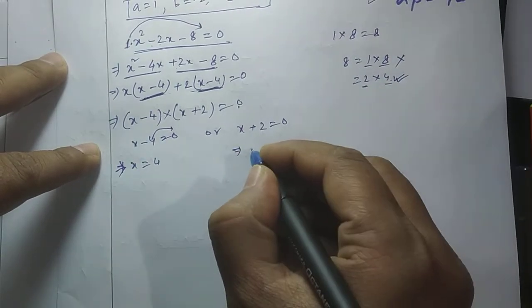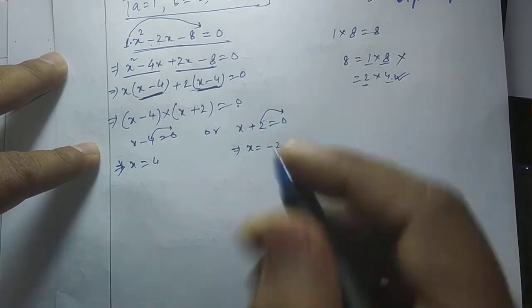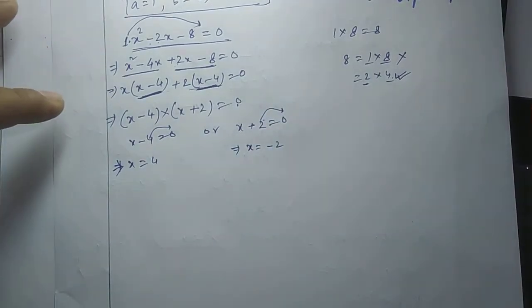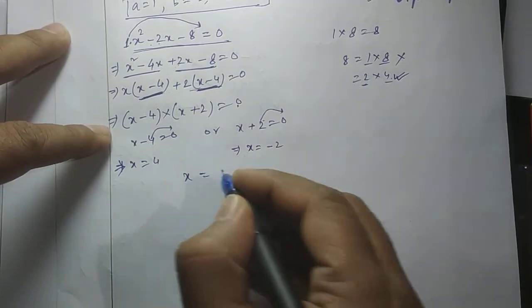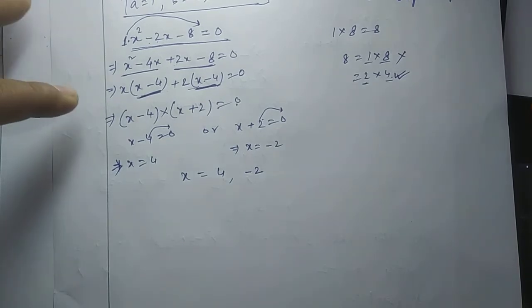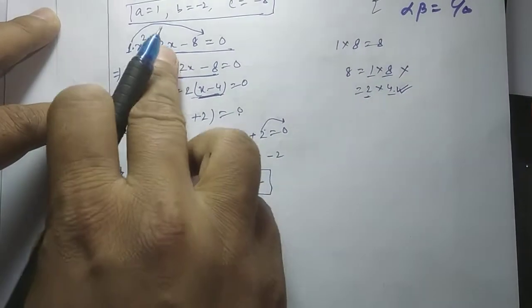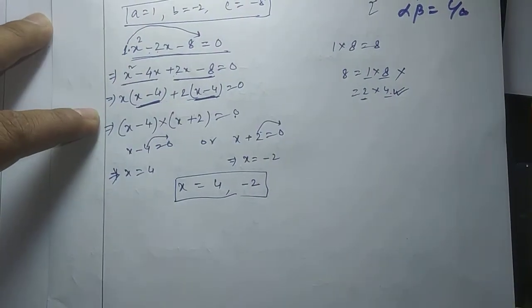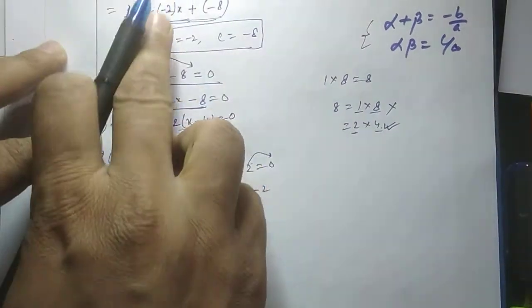And similarly we get x equal to minus 2 by taking this one on the right hand side. So in this way we have got two values of x, 4 and minus 2. Correct? These are the required zeros of the given quadratic polynomial.